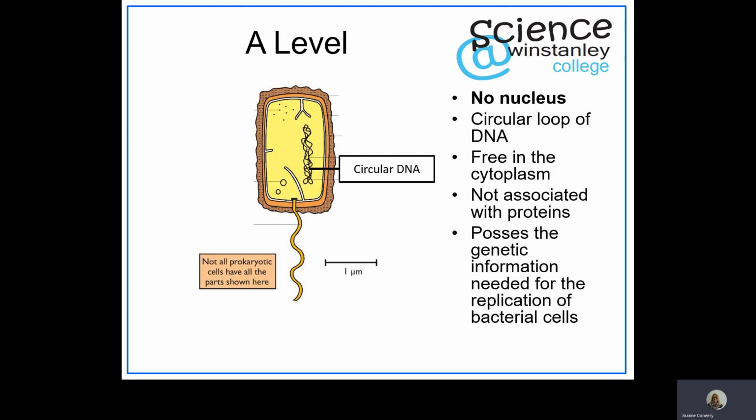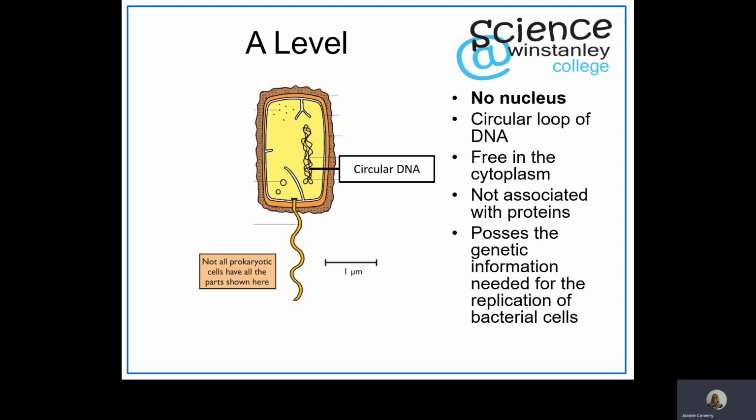Let's start with the first bit, the DNA. When we're looking at a prokaryotic cell, we will have a circular piece of DNA. It is not contained within a nucleus. This is a unique feature of all prokaryotic cells or bacteria. The DNA is not contained in a nucleus.